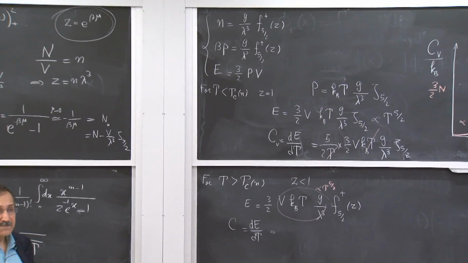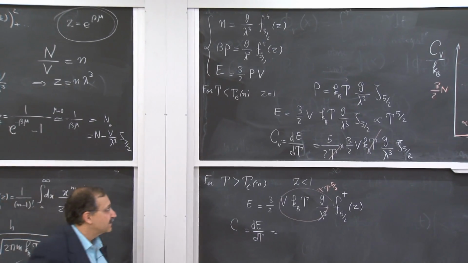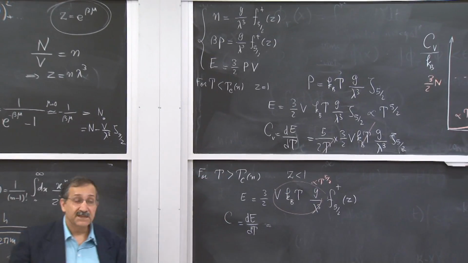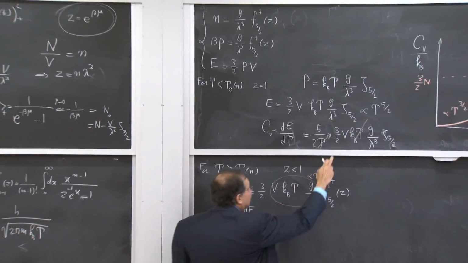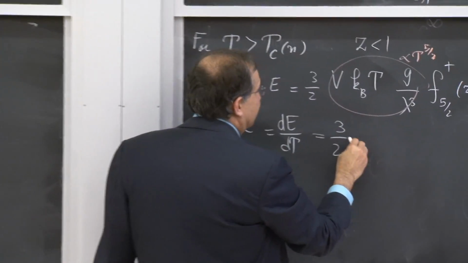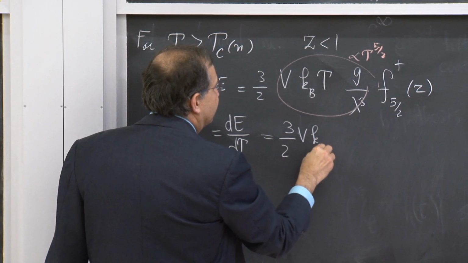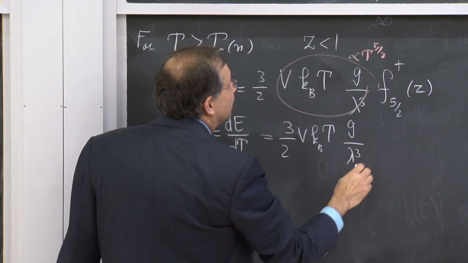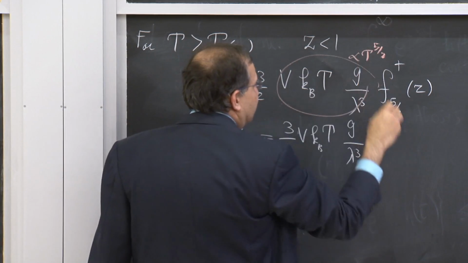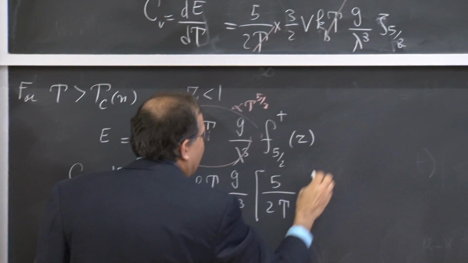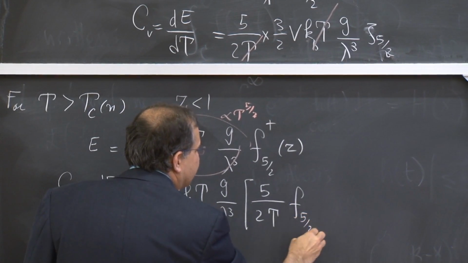So when I take a derivative with respect to temperature, I essentially get 5/2 this whole quantity divided by T. So just like I had over here, I will write the result as 3/2 V kT g over lambda cubed. And then I have the 5/2, 1 over T, of f 5/2 plus of z.